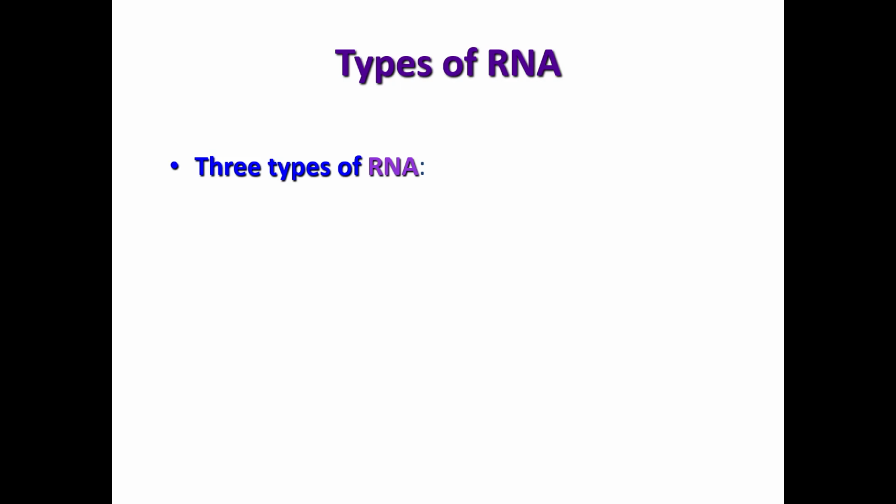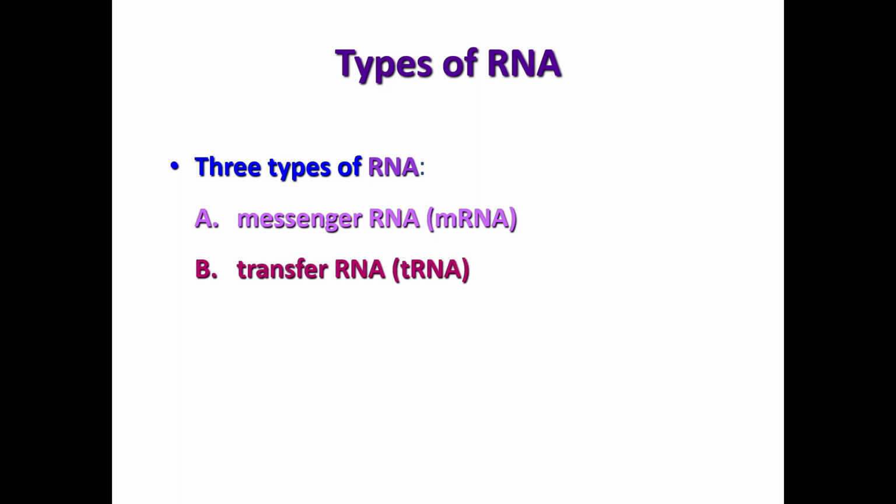You know very well. There are three types of RNA. One is mRNA, that is messenger RNA, transfer RNA, which is written as tRNA, ribosomal RNA written as rRNA. So, which are the three types of RNAs? mRNA, tRNA, and then rRNA.